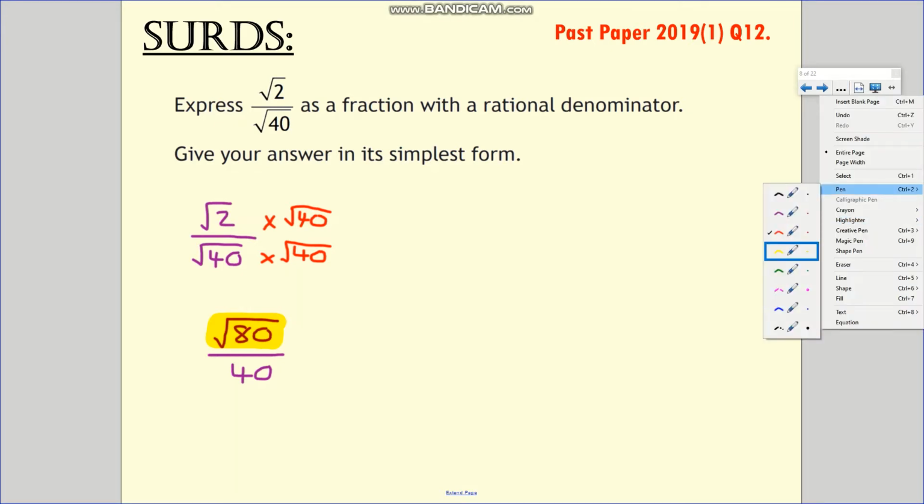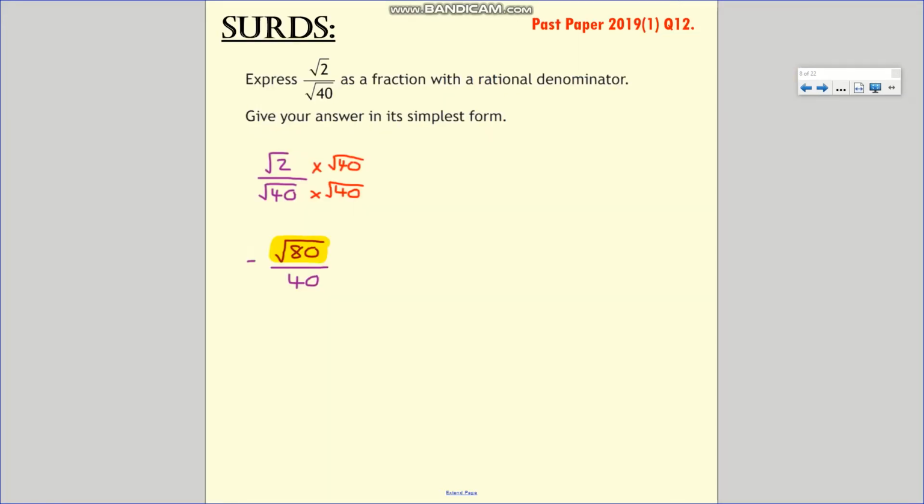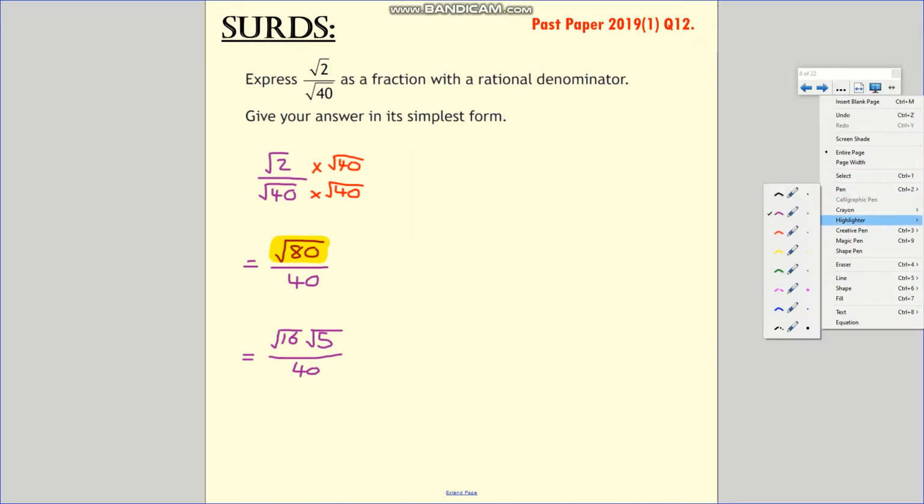I can rewrite this fraction as root 16 on the top times root 5, 16 times 5 both multiplied together to make 80, over 40. Your first instinct might have been to divide by 4 because that's a square number as well. But actually 16 is the biggest square number that divides into both.